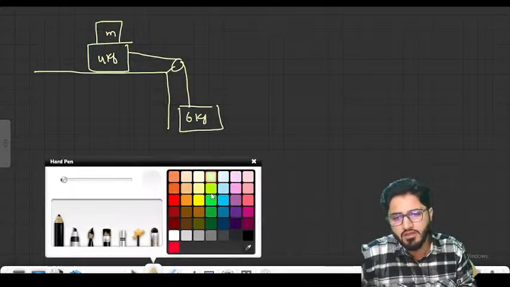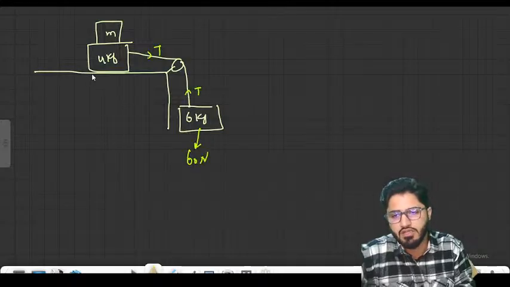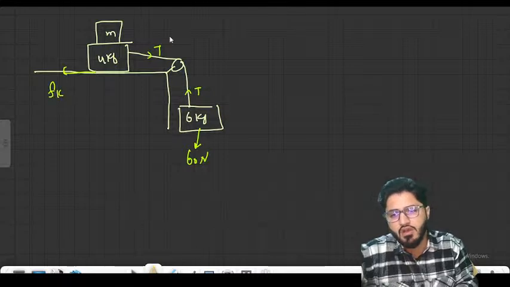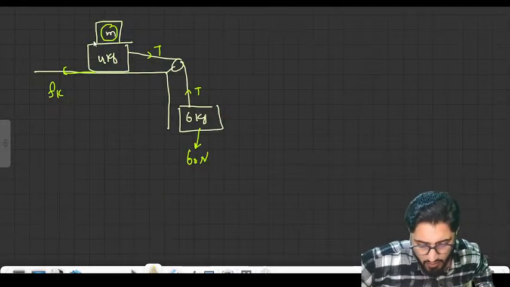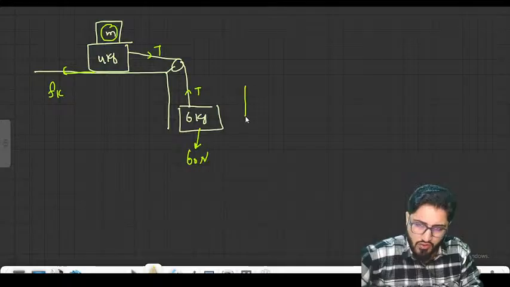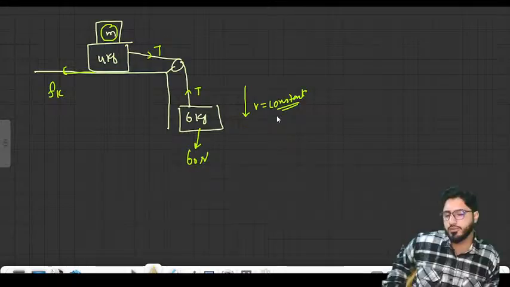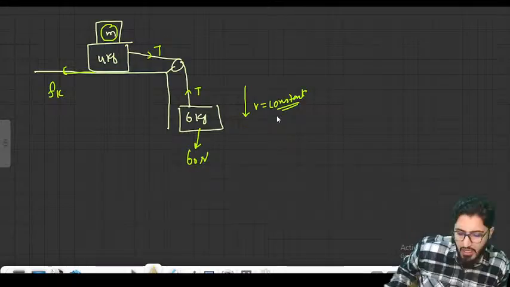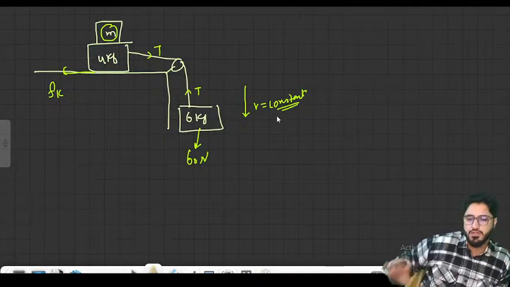So you can see 60 Newton, tension T, Fk. What should be the value of this mass so that your system will go with constant velocity downwards?